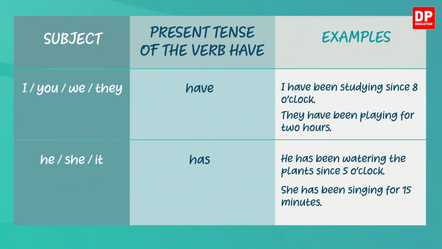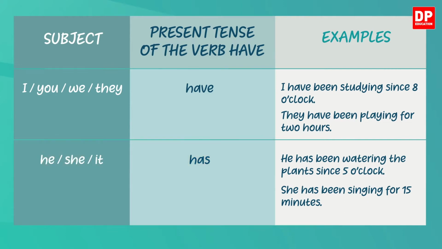As you can see, there are two forms of the verb have in present tense. They are have and has. With the subjects I, you, we and they, the verb have is used, while the verb has is used with the subjects he, she and it in present tense.